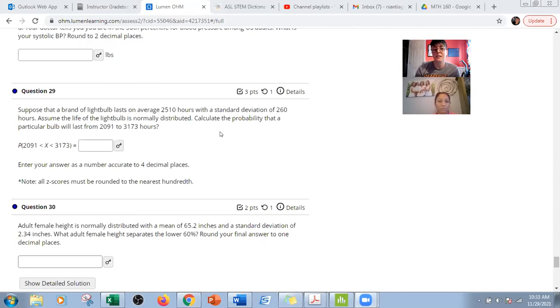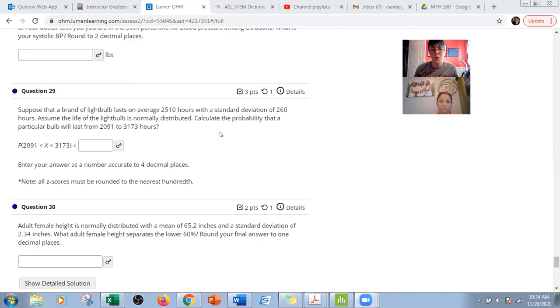So the really nice thing about this is that we are using our standard z-score conversion, right? We're not actually using the formula for the sampling distribution of sample means. So we know that our z-score formula is x minus the mean, the raw data minus the mean, divided by the standard deviation.